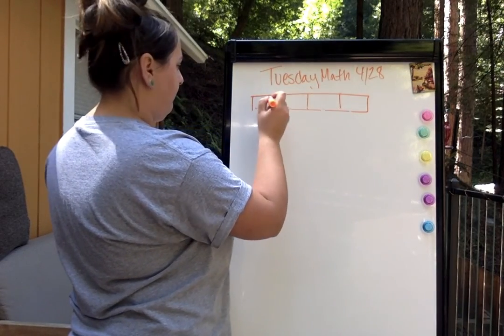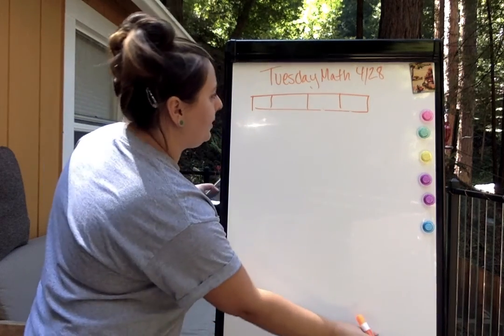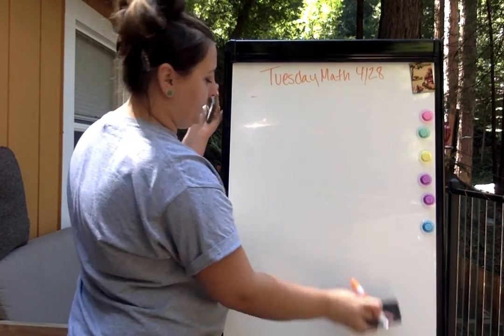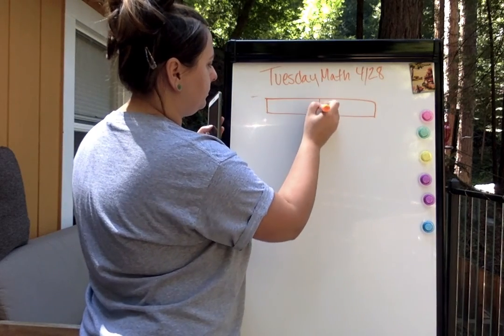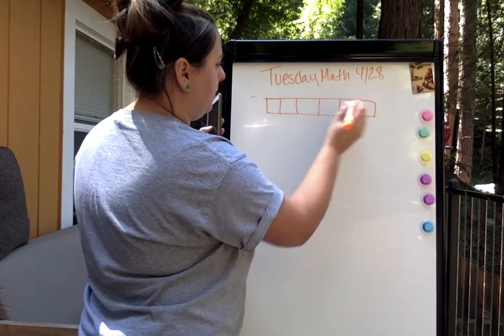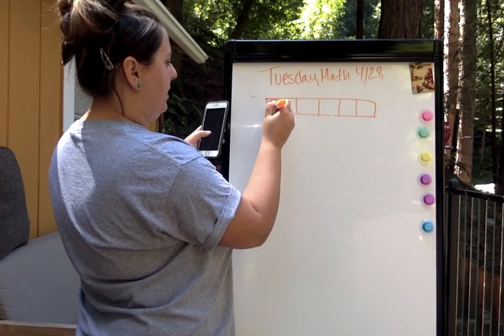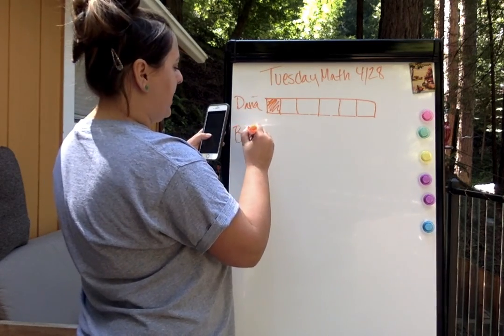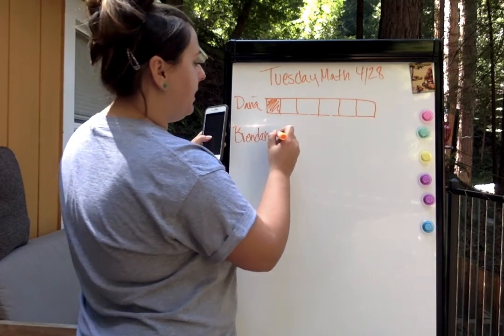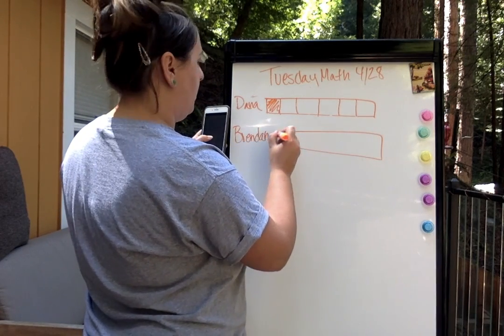So we've got 6ths, and Dana colored 1/6, and Brendan colored 1/4.